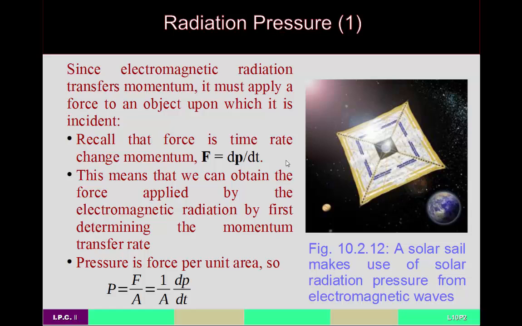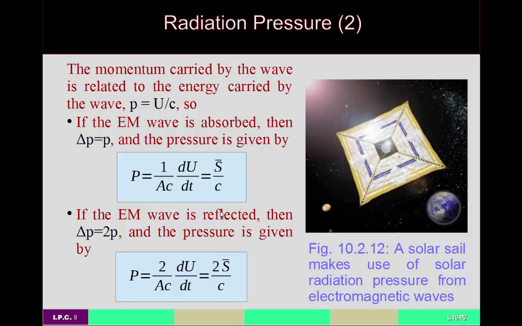We've had fluence, which is energy per unit area. Now we have pressure, which is force per unit area. So you can kind of guess at what the relationship between fluence and pressure is, but for our purposes, pressure is 1 over the area times the force, or times dp/dt.